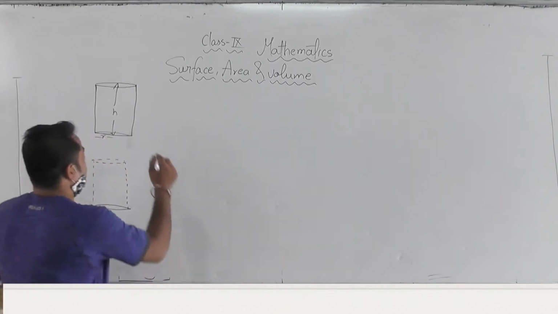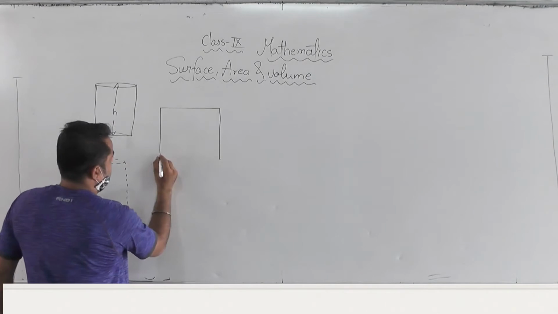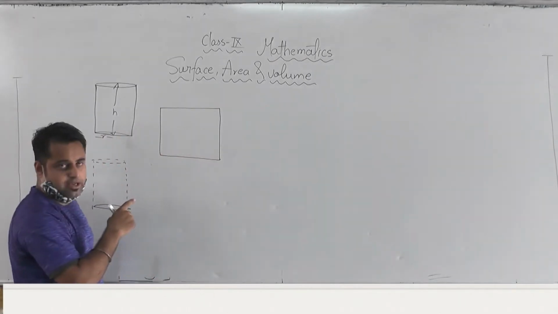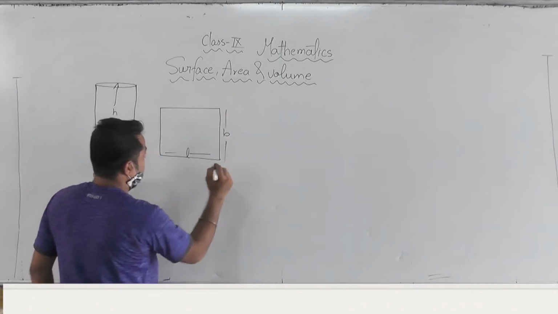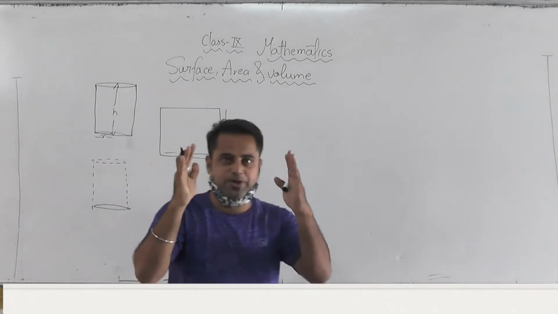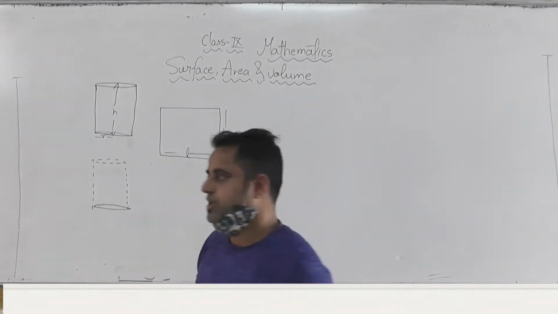Or else, if you have a rectangular sheet, please see it very carefully. A rectangle has two things, length and width. If you roll up an A4 size paper, it will look like a cylinder, it will become a cylinder.